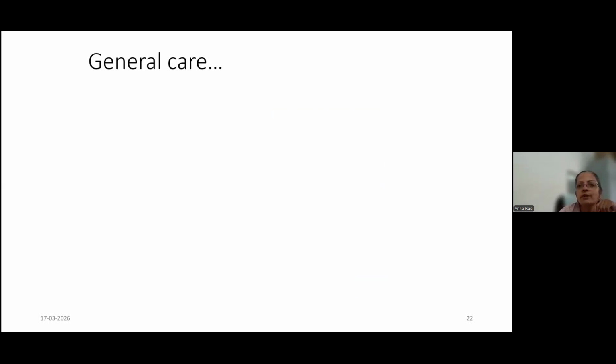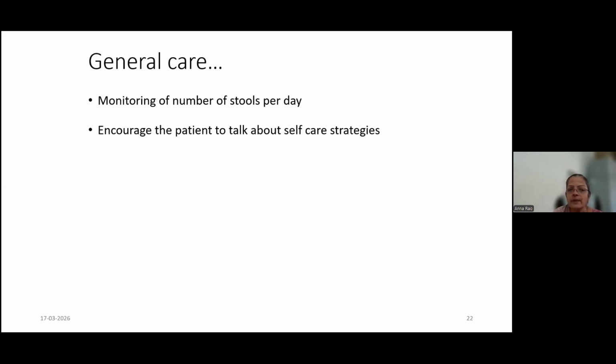So if we talk about the general care, then of course the person needs to monitor how many times the movements are there. Okay, basically whenever the patient is going to eat or drink, there may be output, right? That is what is going to happen, right? So how much output is there, that also needs to be identified.